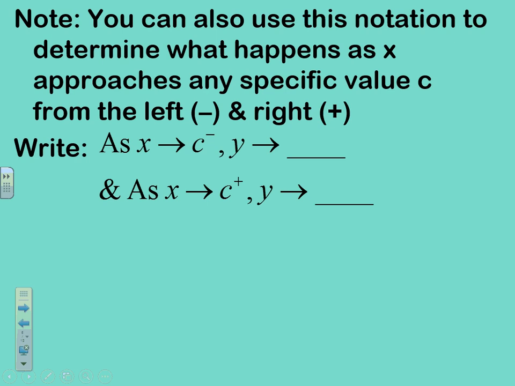Let me explain how you read this notation. It's similar to what we had before, meaning as x approaches some value, but instead of approaching an extreme value, either positive or negative infinity, it's approaching a particular number. So c in this case is just going to represent a number of some kind, whether it's a 5 or a -2 or whatever the case may be.